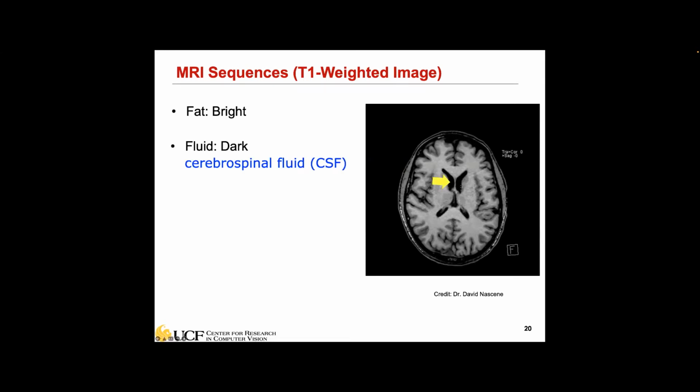We also see the fluid, this cerebrospinal fluid, CSF, which is in the middle here, which is showing dark. And we also have the gray matter, this wiggly outside, so it's showing gray. And we also have the middle white matter that is showing bright white here on this T1 weighted image.